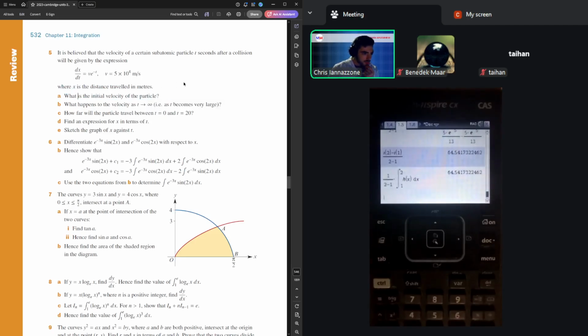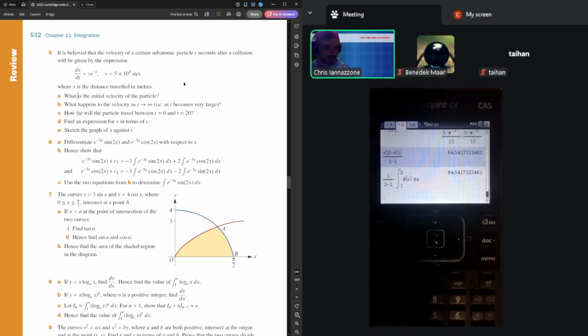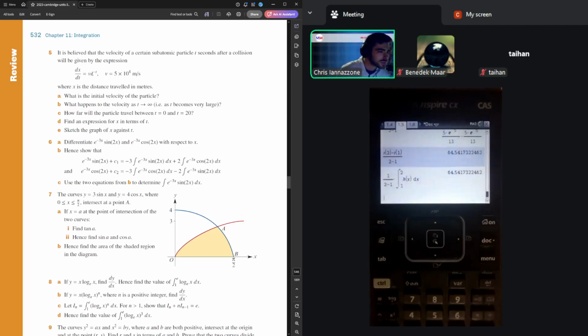What is the initial velocity of the particle? Getting into kinematics now. Although, I wonder if it's going to actually matter whether it's kinematics or not. Should still be presumably the same idea. I'll start defining the function. It does have this v in here, but just remember the v is actually defined as 5 by 10 to the 4.